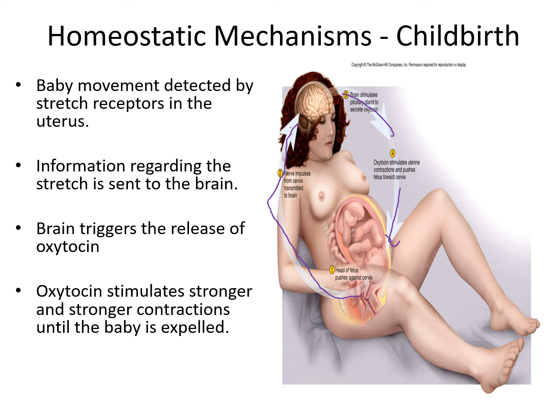And so this is a positive feedback mechanism, which means that this mechanism will not stop until the baby is out, right? And so before there was really modern medicine, many women died during childbirth, right?